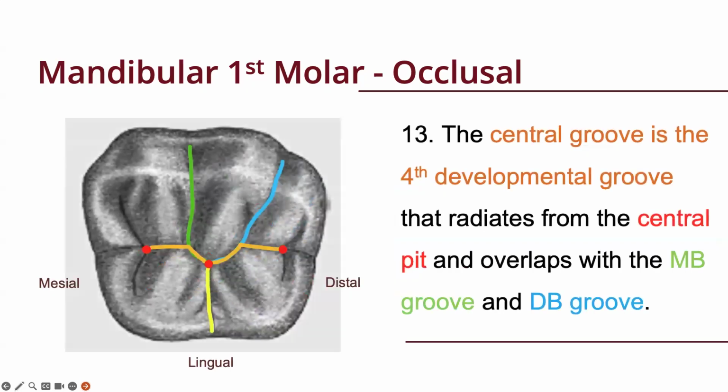The central groove is the 4th developmental groove that radiates from the central pit, and it overlaps with the mesial buccal groove and the distal buccal groove for part of its travel. All right, so this one travels from mesial to distal with some overlap of the other grooves, but that is your central groove of the mandibular first molar.